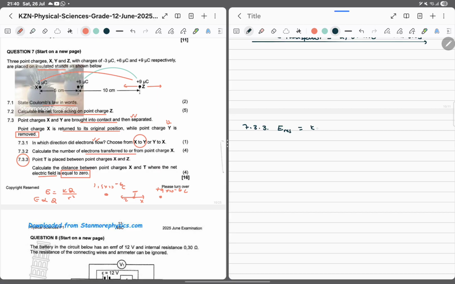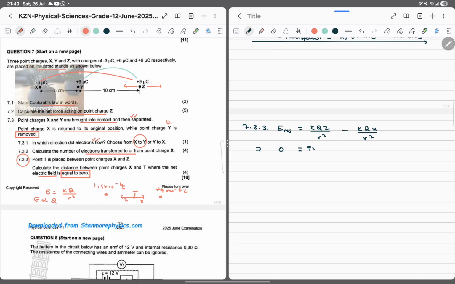So it's going to be KQZ over R squared, or they are opposing, so it should be minus KQX over R squared. So we were told that the resultant is 0.